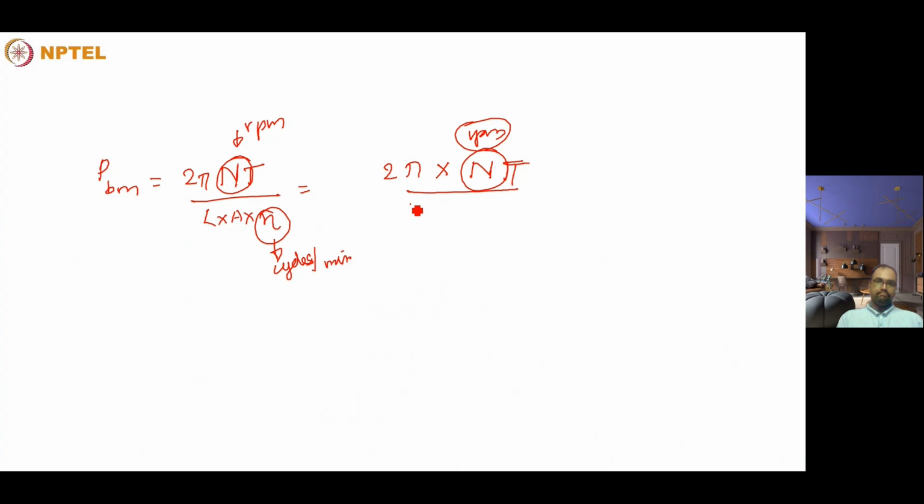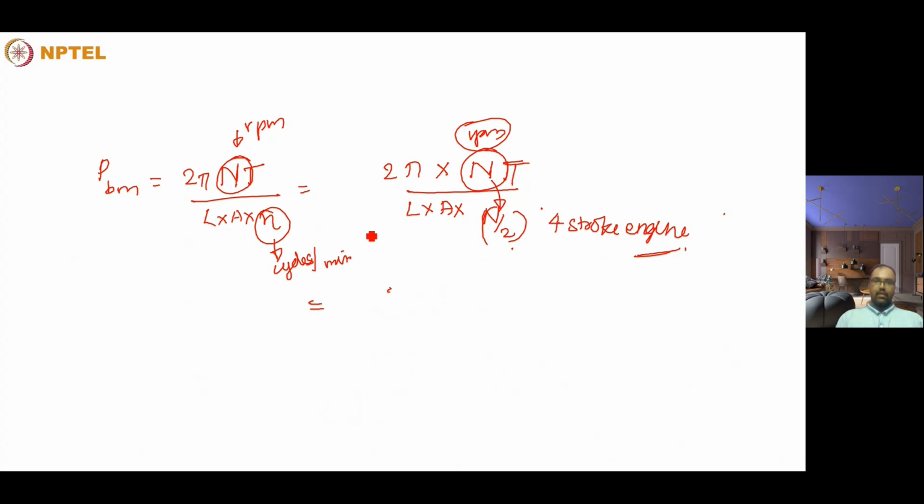Length into area into N by 2 for a four-stroke engine. And in this particular problem, the number of cylinders is equal to 1, so we need not take that into account.